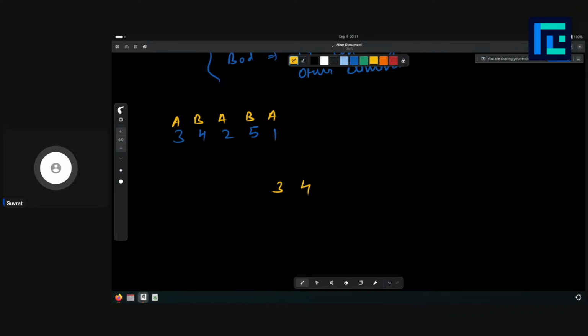So let's say that 3 4 was the array, and now it's Alice's turn to place 2. Alice would have two options, to place 2 here or to place 2 here. Obviously Alice would place 2 here because now the border elements would be 2 and 4. If she had placed it here, the border elements would have been 2 and 3, which is not better than 2 and 4.